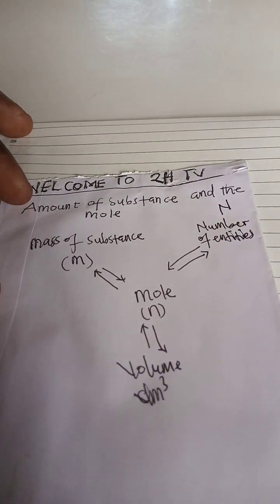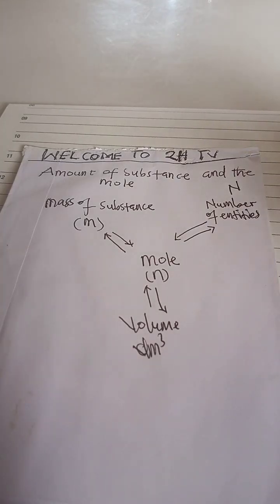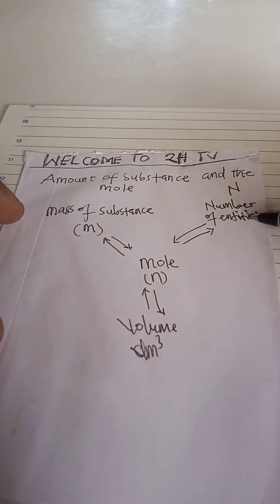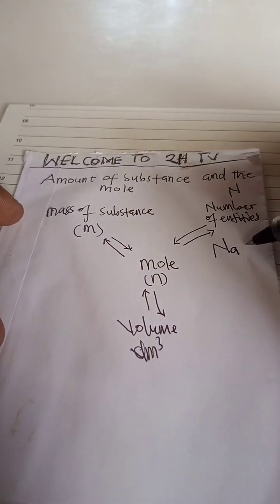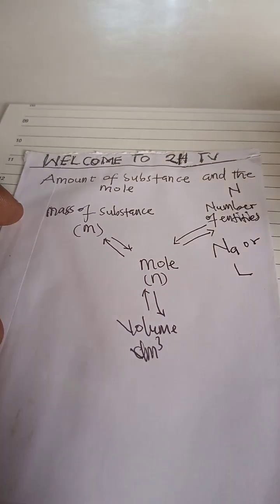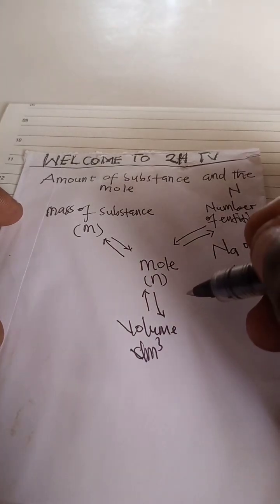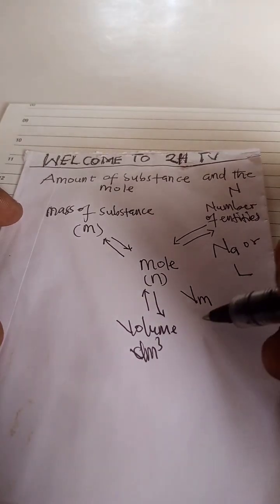Okay, so let's look at how we derive our various formulas. There is a link between number of entities and the mole, and that is the Avogadro constant, that's Na, or some books will use L. Then between mole and volume we have molar volume, so Vm.